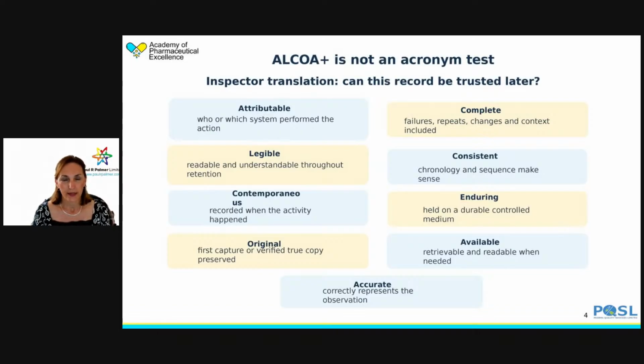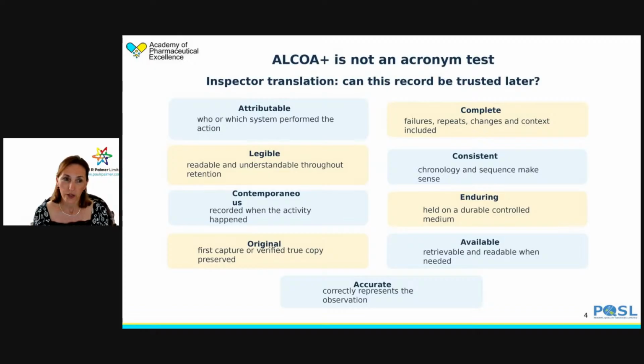Legible means the information remains readable and understandable throughout the retention, including unit, meaning, and the context. Contemporaneous means it was recorded when the activity occurred. So the timestamps should agree with the equipment logs, access records, and other evidence.